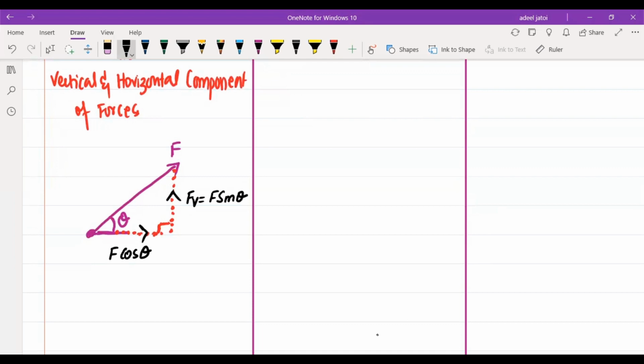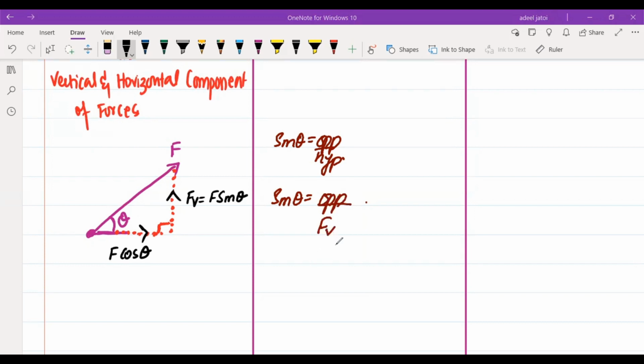And how do we get this? Considering the same concept, sine theta is equal to opposite upon hypotenuse, right? You do not know the opposite side, but you know the hypotenuse is F.